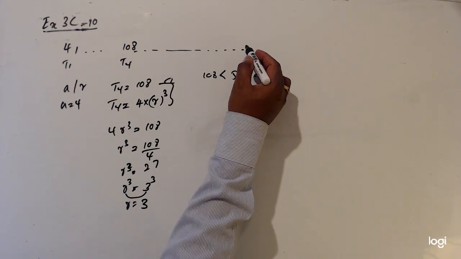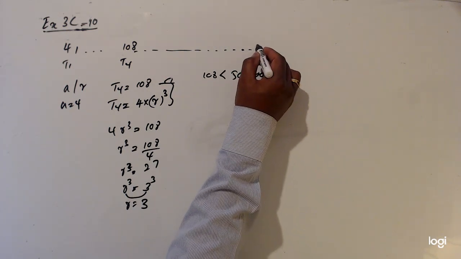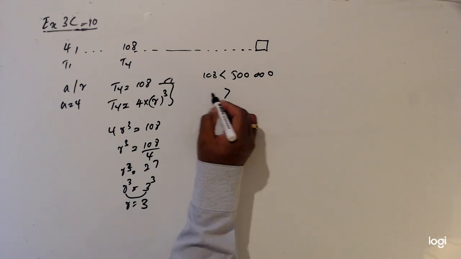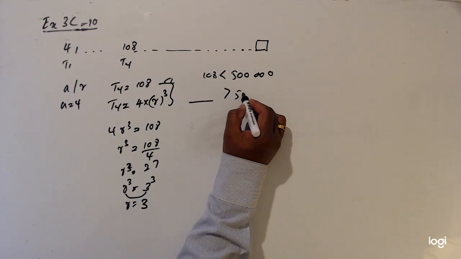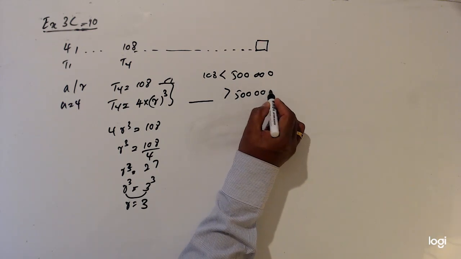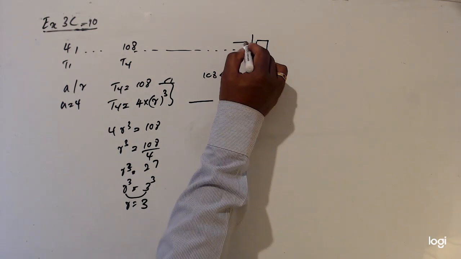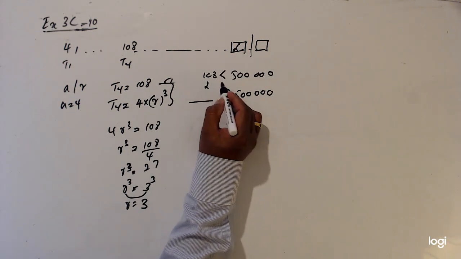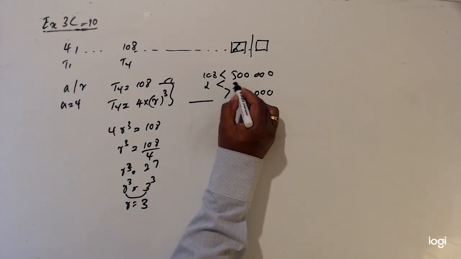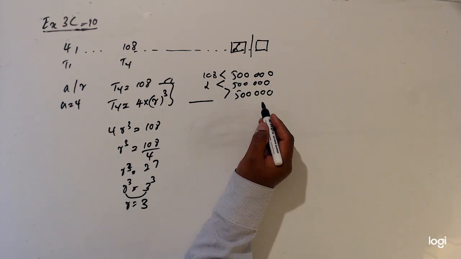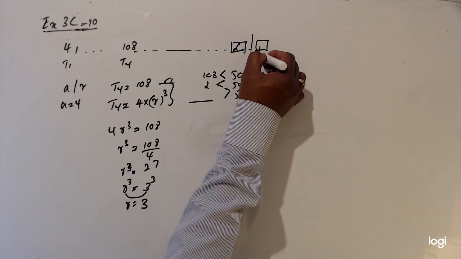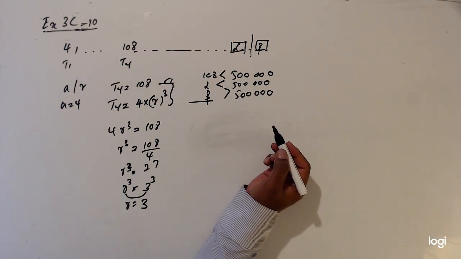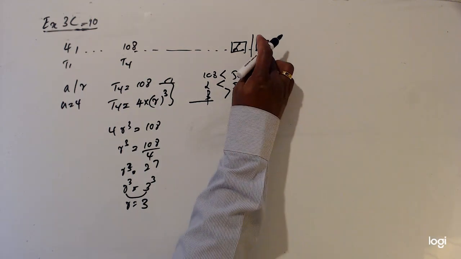There may be a value that exceeds 500,000, and just before that value it will not exceed 500,000. Assume this is alpha, alpha does not exceed 500,000, but beta exceeds 500,000. So in this question they have referred to beta as k.